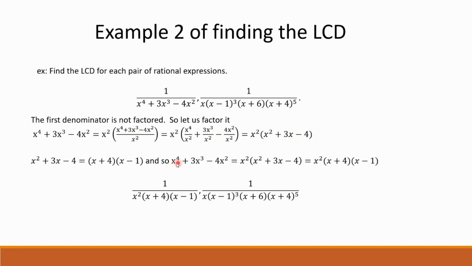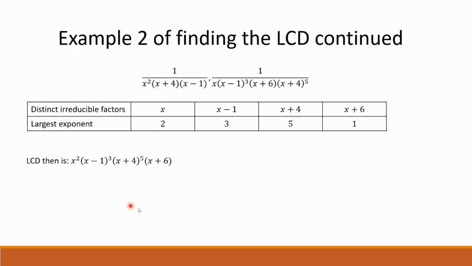Now we substitute that, and we end up getting this thing factored all together as this. So with the denominators factored, we end up with this here. Now we can get the LCD.